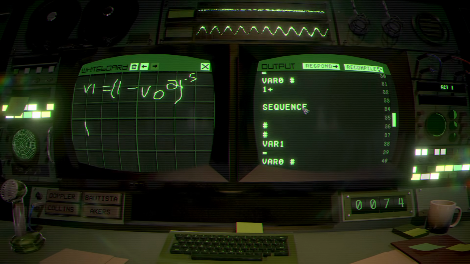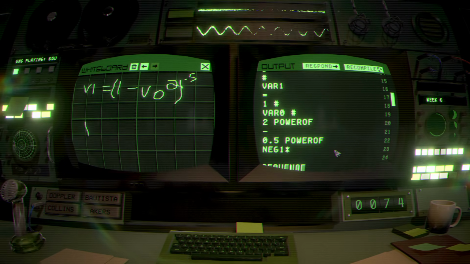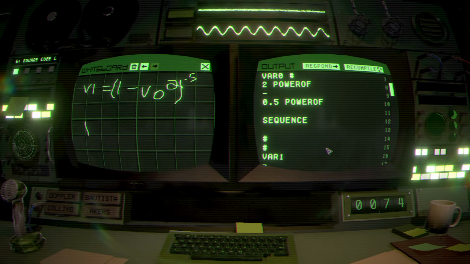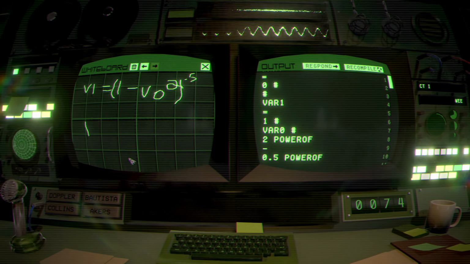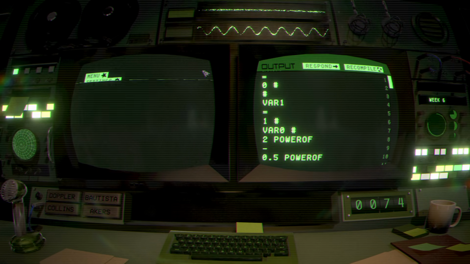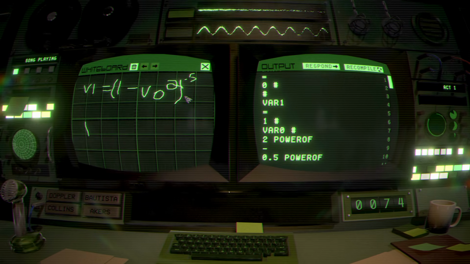Or is that what they want us to produce? Sequence? Or are these plots? They're saying these are plots on a graph? Is that what Batista said? Hmm.